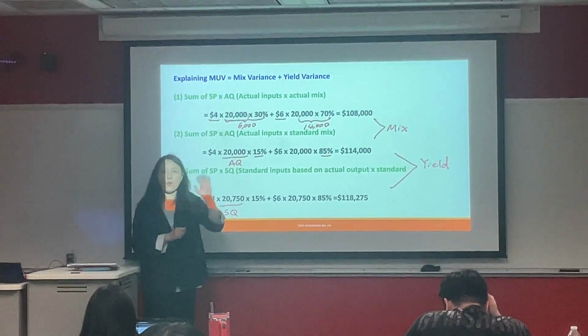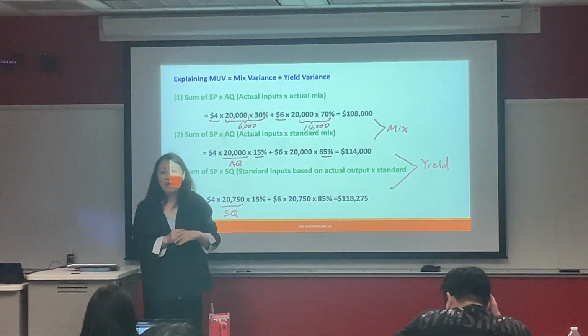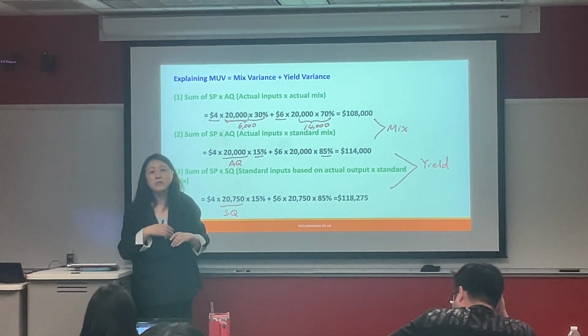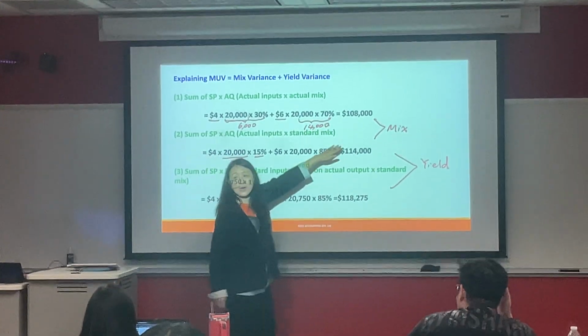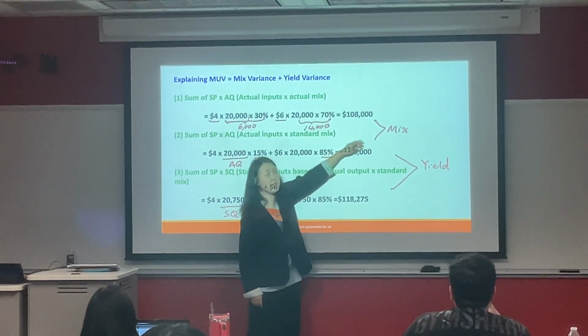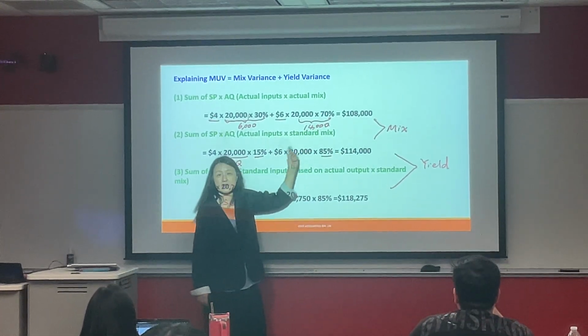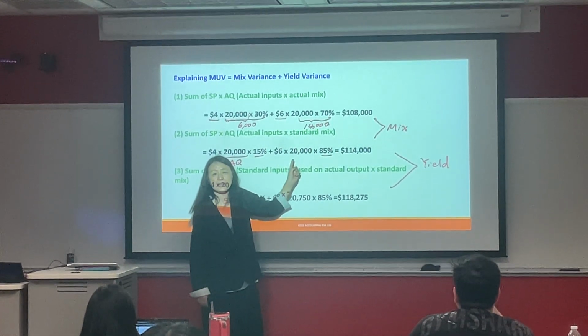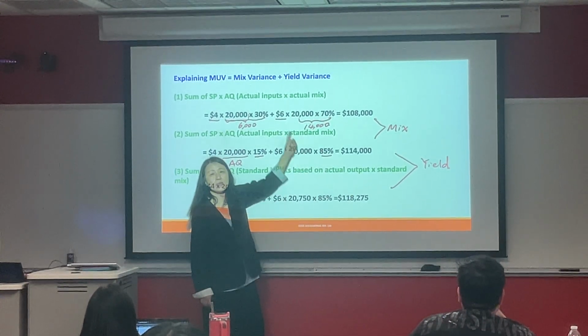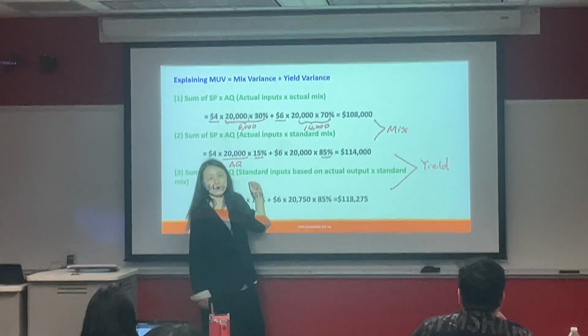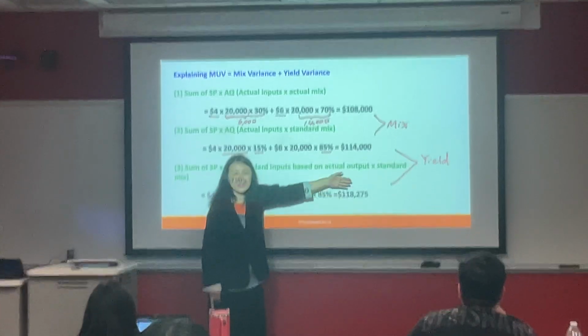One of the jobs a cost accountant has to do is communicate with the manager. The manager will look at this and say, okay, the difference here is because the mix is different. It's supposed to be 15 and 85, and now I'm using 30 and 70. What about this? What does this mean?